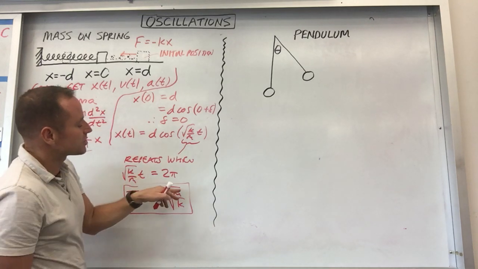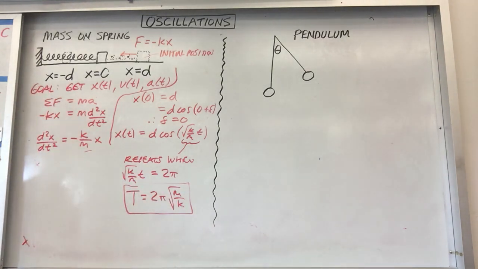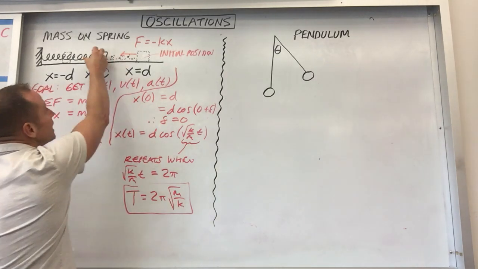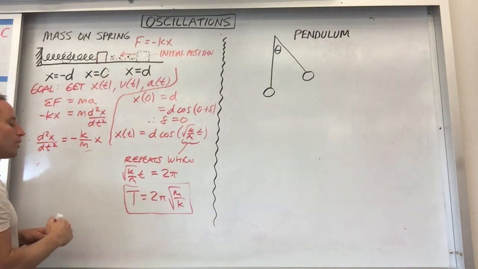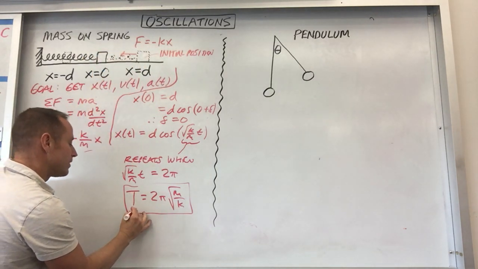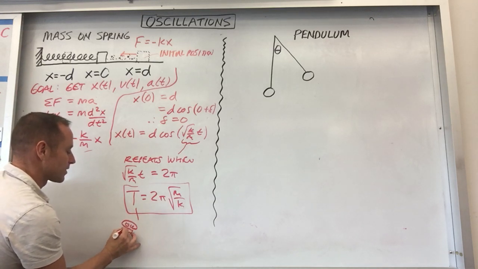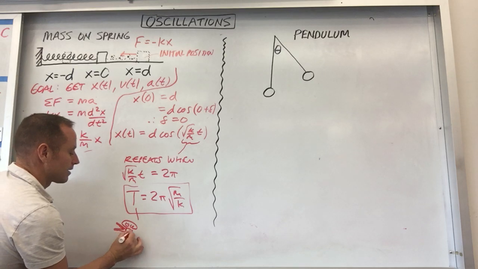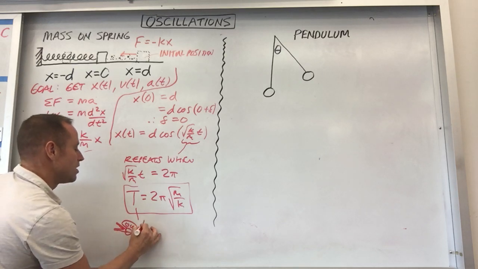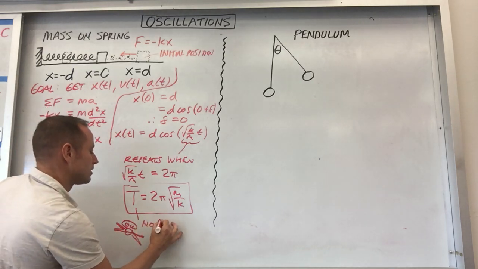Now, what's almost as interesting as what is here is what's not here. And that is, notice there's no dependence on how far you pulled back. So a big key with this, and I always, for my students, I'll draw a little skull and crossbones as something to look out for, is notice there is no dependence on the amplitude.